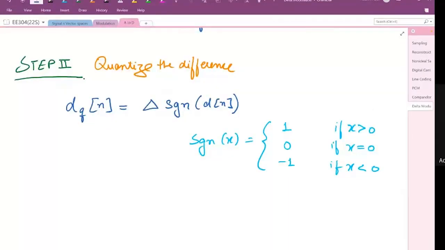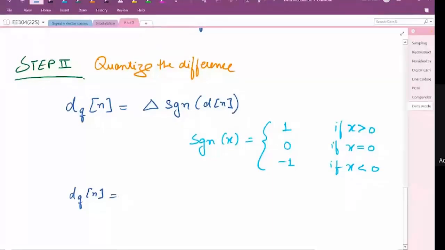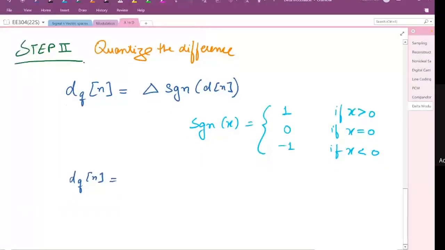So collectively, for the value of dqn, I am going to leave the one point which is at 0 and include it in one of the conditions.